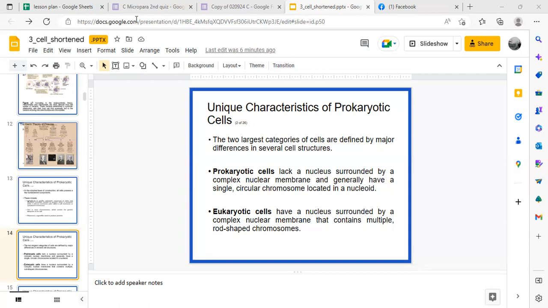They're larger, membrane-bound organelles na nandun sa eukaryotic cells na wala sa prokaryotic cells. So what you have instead in prokaryotic cells, you have a region of genetic material you call a nucleoid.